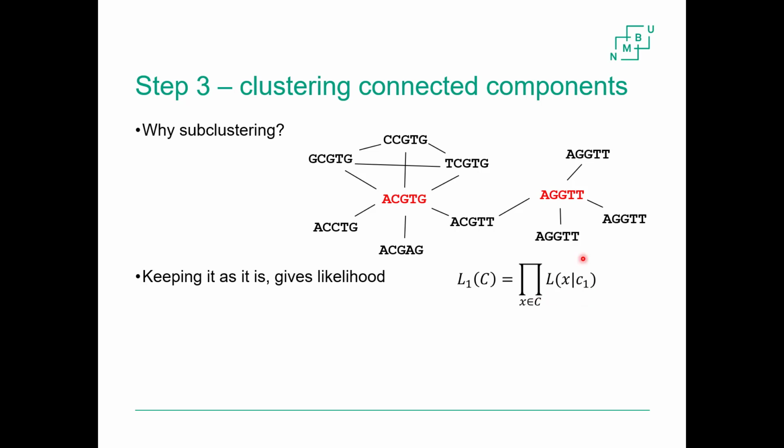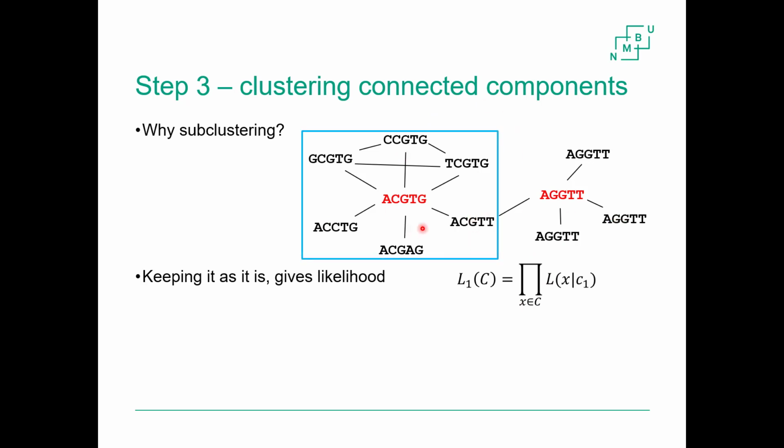So if you go back to the previous slide, you will see that this one now has a mismatch to the consensus, and since it occurs 50 times, it will be multiplied 50 times. So the likelihood for this one in particular, and also for these three, will be super bad, and the total likelihood for the whole cluster is also rather rotten, because we multiply this over all members.